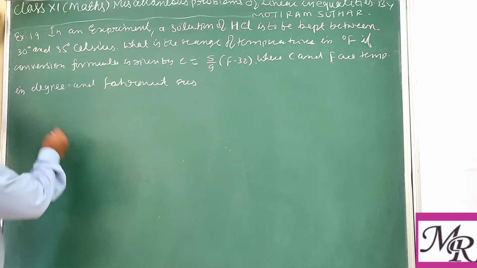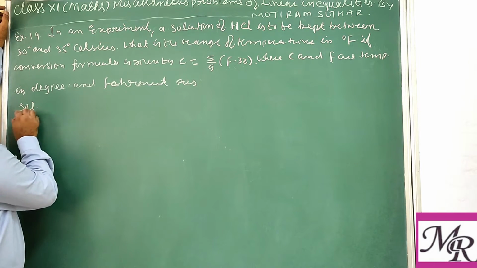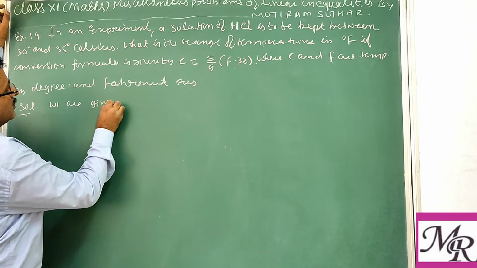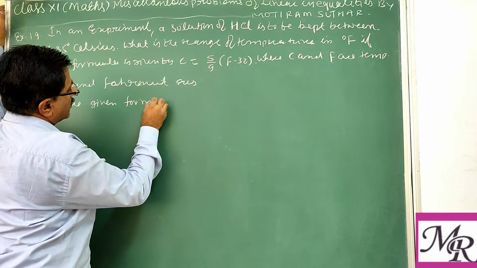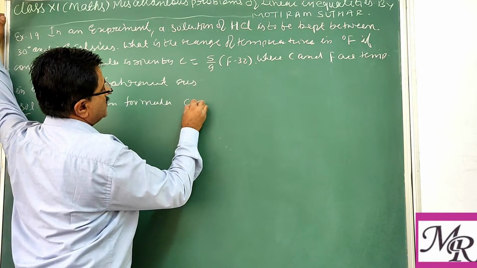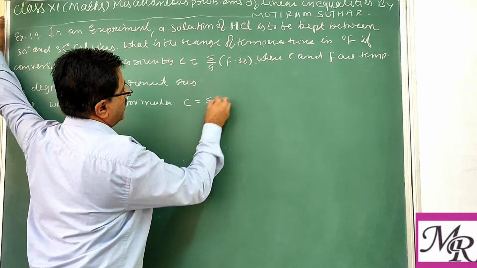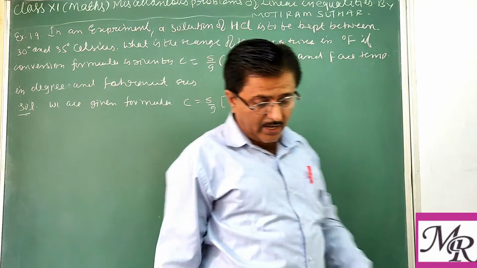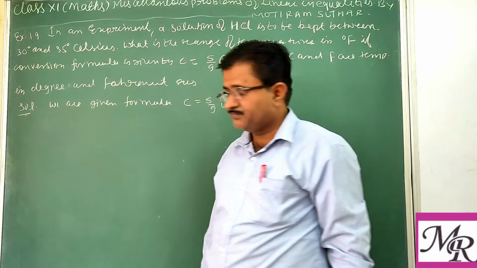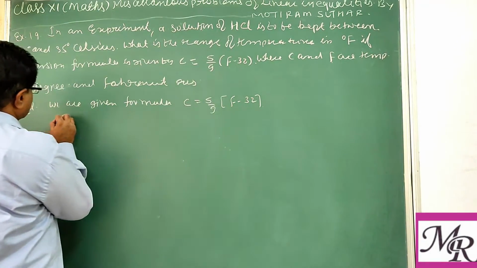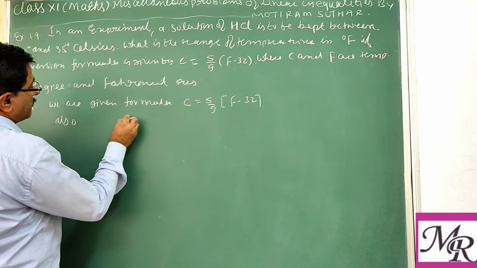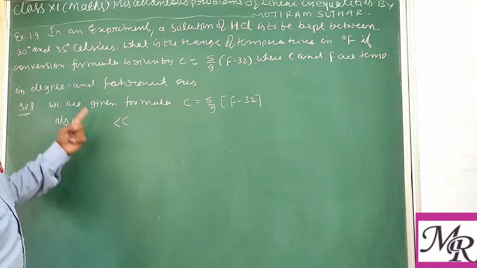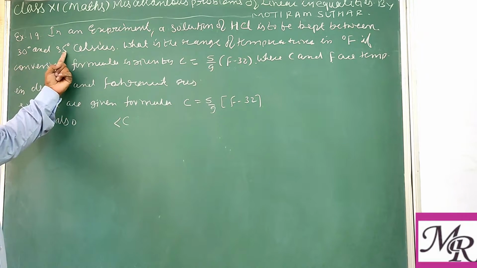So here in the solution, we are given the formula C equal to 5 by 9 into F minus 32, and we are also given the range of temperature of the hydrochloric acid, that should be between 30 and 35.